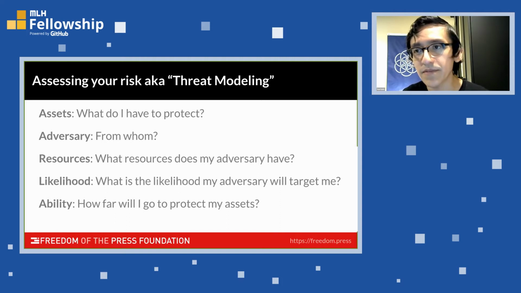Going back to what I mentioned, some potential adversaries will have more resources than others, depending on a few different things: how much money they have to spend on getting into you, all the way to what their technical expertise is, what kind of legal avenues they have at their disposal. Then, of course, there's likelihood.